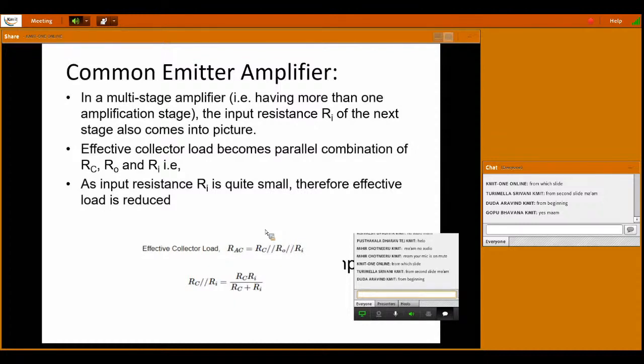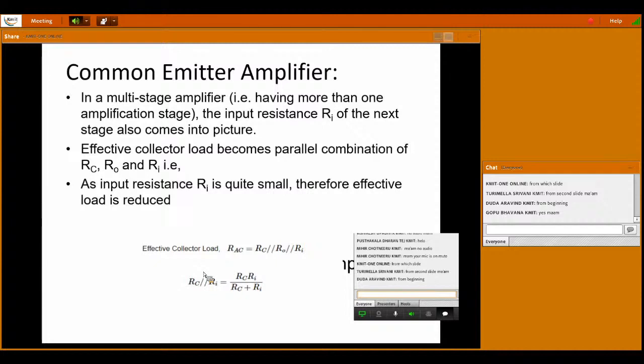As we already discussed, RC in parallel with R naught is approximately equal to RC. Hence, in a two-stage cascaded amplifier, the effective collector load is the parallel combination of RC and RI.